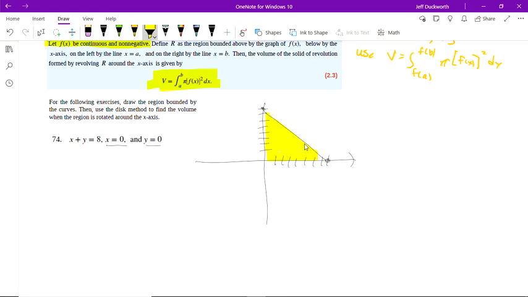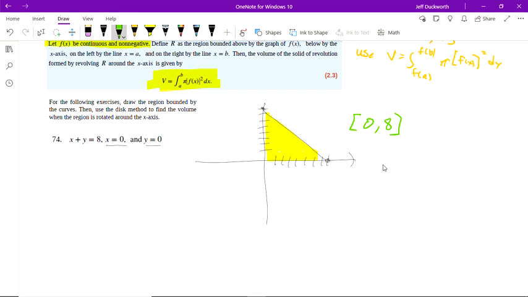All right. And we need to rotate this around the x-axis, and we'll use that disk method. All right, well, in this case, we're going to evaluate our integral here, or our interval here will be from 0 to 8.